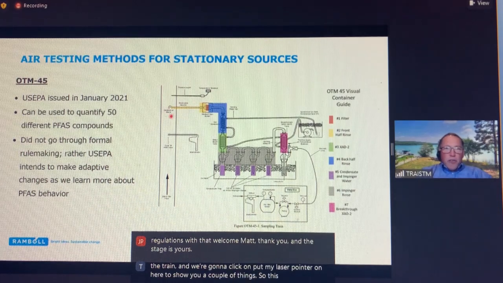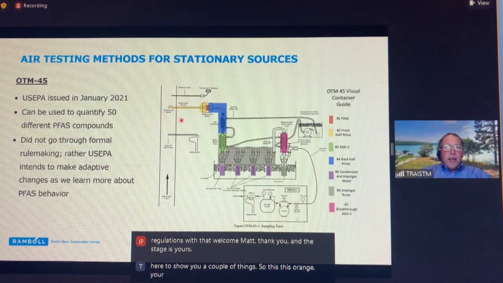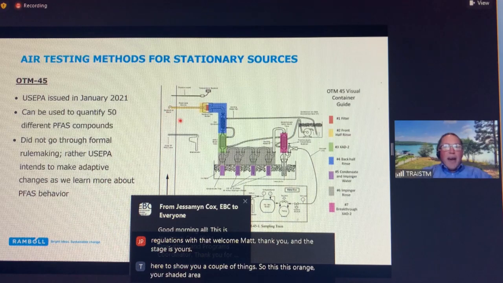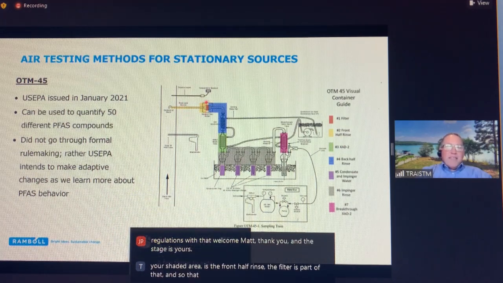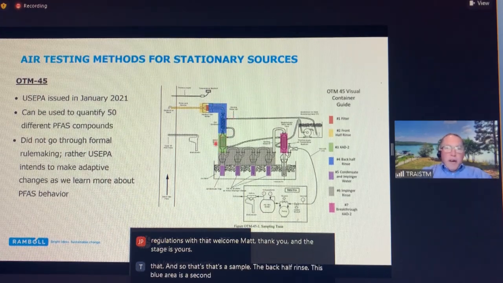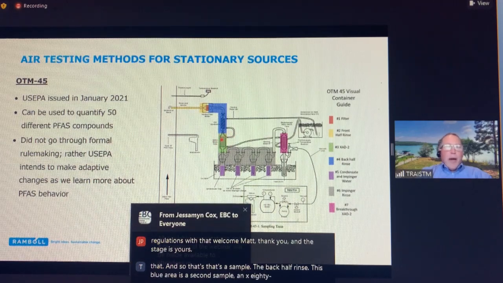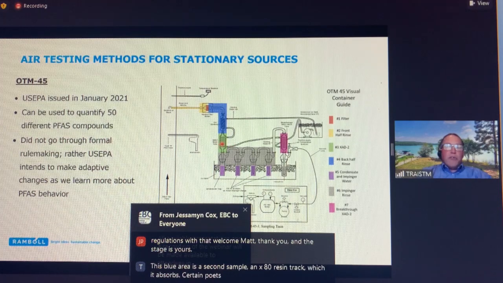So this orange shaded area is the front half rinse. The filter is part of that, and so that's a sample. The back half rinse, this blue area, is a second sample. An XAD resin trap, which absorbs certain polar compounds, is a third analysis.